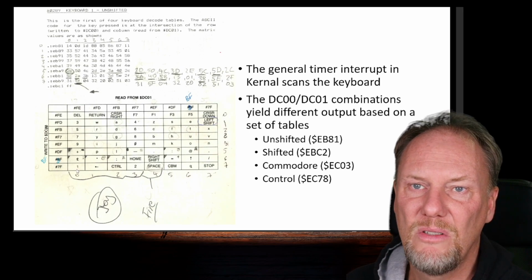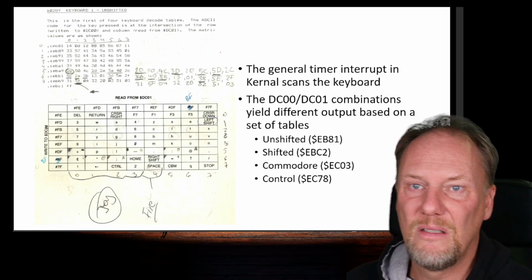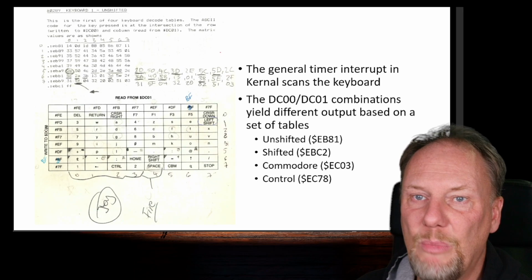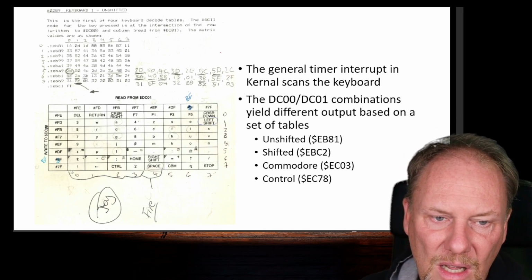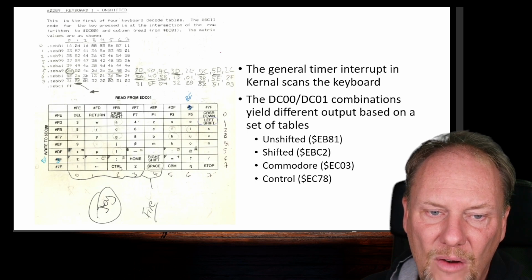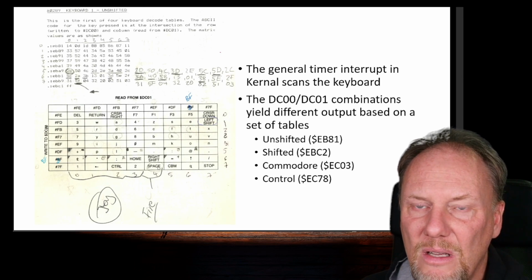All the joystick directions are the same as checking the corresponding bit 7 characters on the keyboard here. So you would see here 1, left arrow, Control, 2, and space.